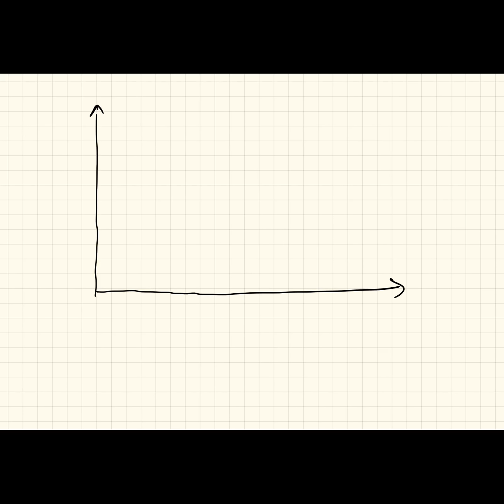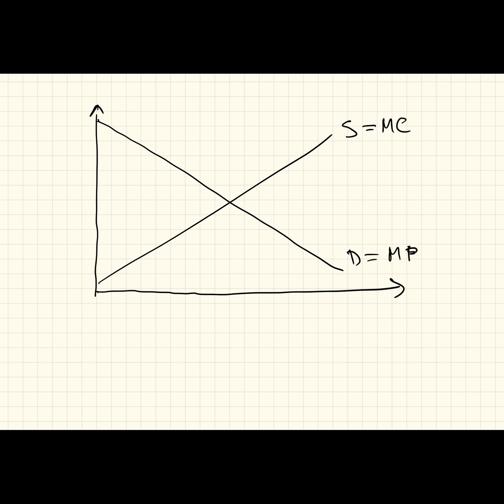So finally, we can talk about efficiency of markets. We just need to notice that our good old friend the supply curve is nothing but marginal cost, and the demand curve is nothing but the marginal benefit curve.